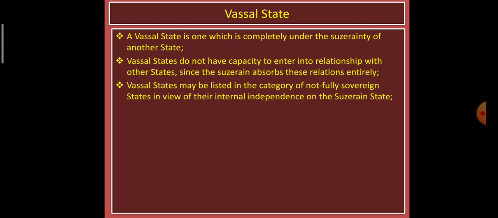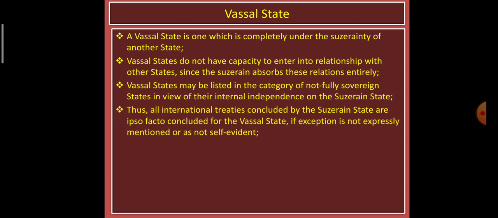Vassal states may be listed in the category of not fully sovereign states in view of their internal dependence on the suzerain states. They are dependent on suzerain states internally as well.